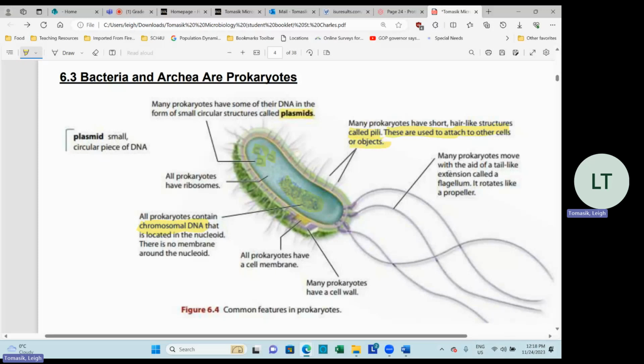Many prokaryotes also move with a tail-like extension called a flagellum, which can rotate like a propeller. Most bacteria have a cell wall, and all of them have a cell membrane, and they all have ribosomes as well, and they all have cytosol.